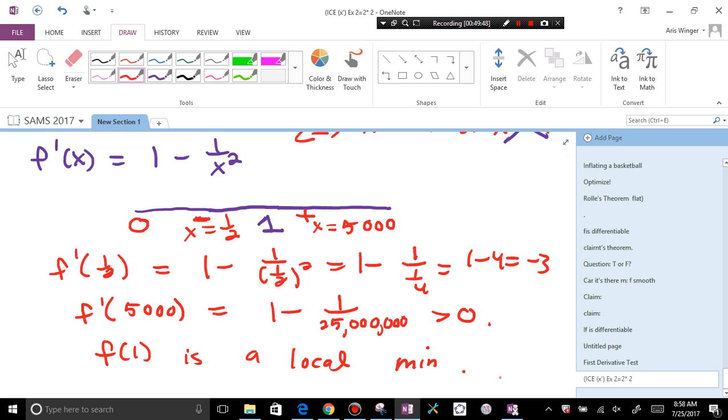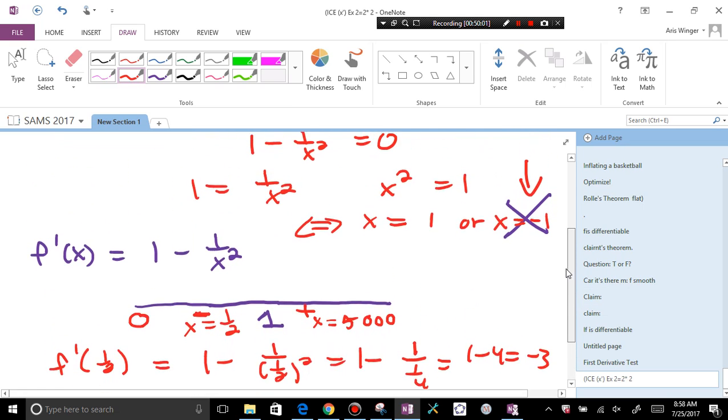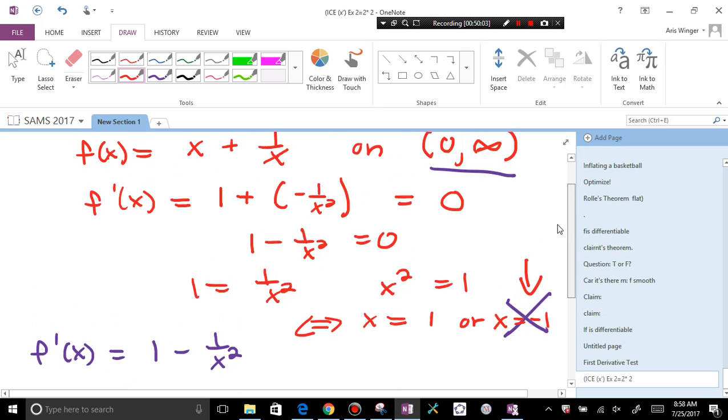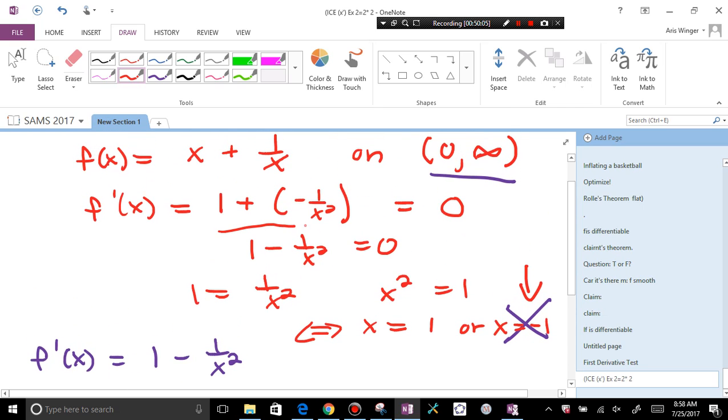Questions about that? It's straightforward. So the challenge for these will be simply how bad is this step, solving this? That's usually the only challenge.